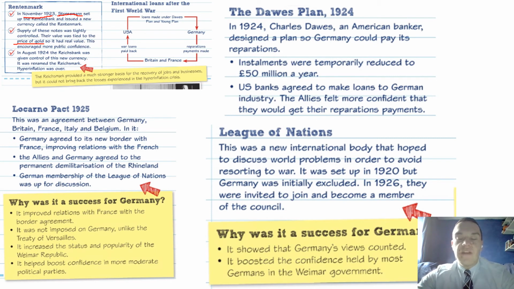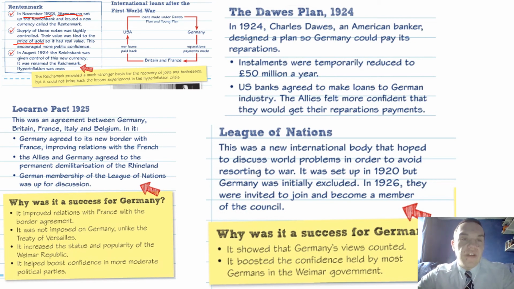What that means is you can't just suddenly start printing lots more money like happened during the hyperinflation in 1923, because every piece of money that you get, so each piece of paper money, is equal to a certain amount of real gold. So unless Germany has actual gold, it can't print any more money. And that makes people more confident because they trust that Germany isn't going to start printing lots and lots and lots of more money, because it has to be backed up by gold.